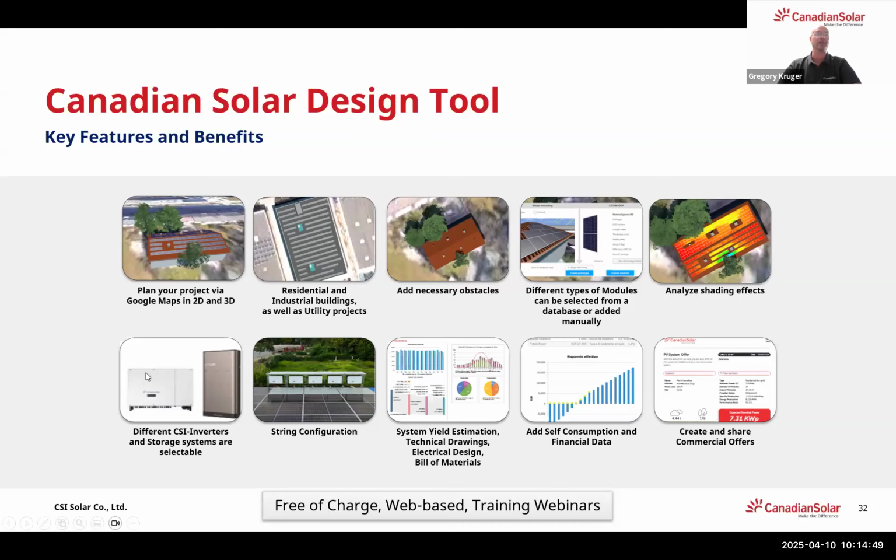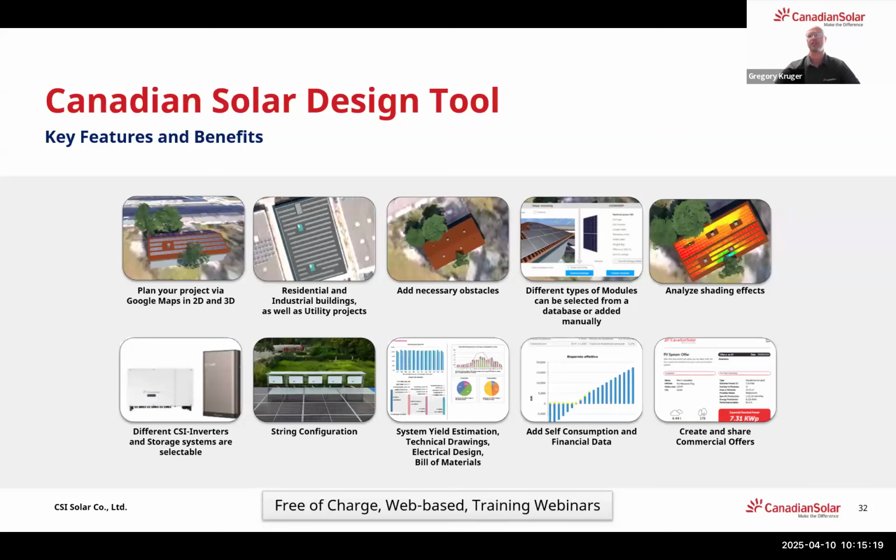We've also got the different Canadian Solar inverters and storage systems that you can select. So you select the inverter as well as your panels. You can also get the string configuration, which is quite helpful, especially on commercial and utility scale installations. You've got your whole layout of panels on your roof, and the system will offer you the best string configuration for stringing all of your panels with the shortest runs of PV cables.